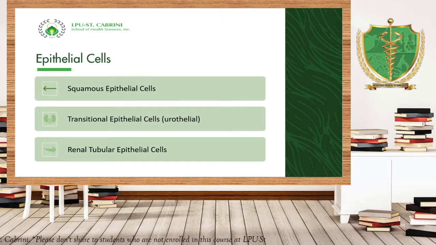We also have the transitional epithelial cells, which can originate from the urothelial lining of the kidney. And of course, we have the renal tubular epithelial cells, which is an indication of tubular damage. The presence of RTE suggests the presence of tubular damage.